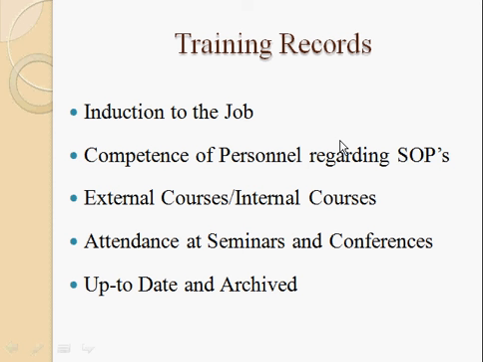One is induction training, one is activity-based training, and the third is SOP-based training. This has to be with the competence level of the people, should be recorded in their training records, and should be filed in the CV file. External courses, internal courses, attendance at seminars and conferences, all this has to be updated every year and should be archived.